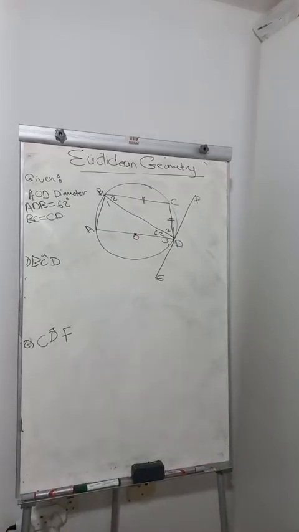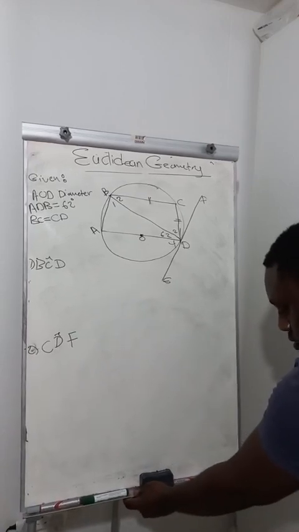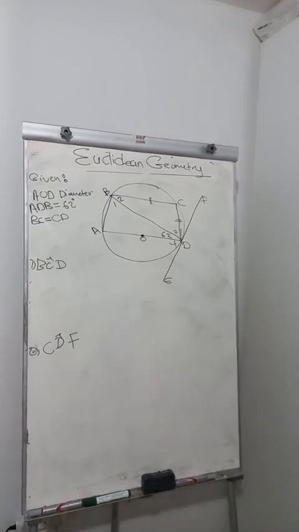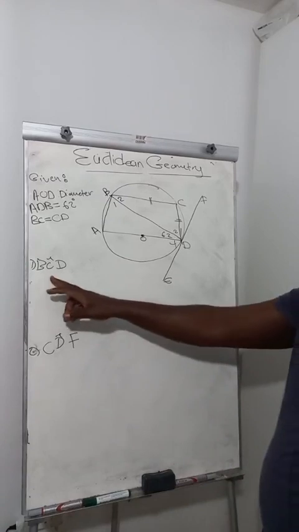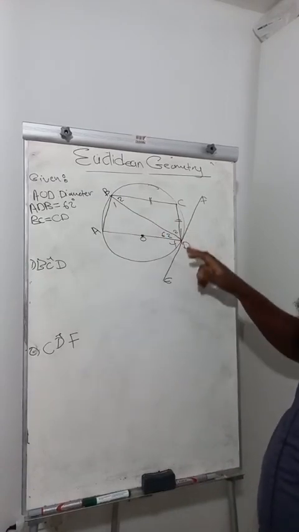So now, if we look at this question, do the same things which I've been doing throughout the session. They are saying determine BCD. While I'm doing this, I'm giving you time to also check. What are you seeing?